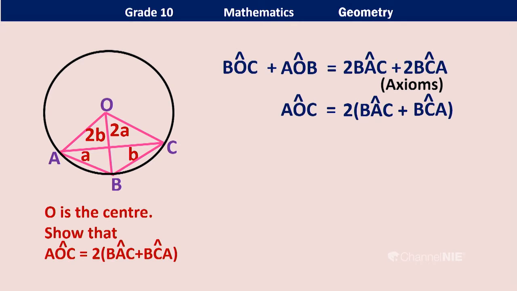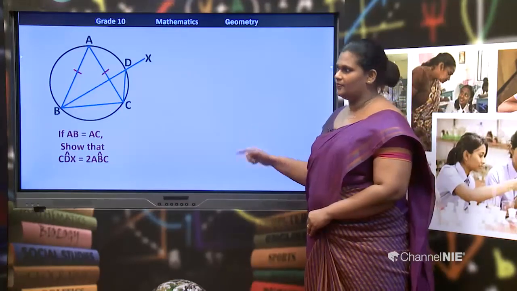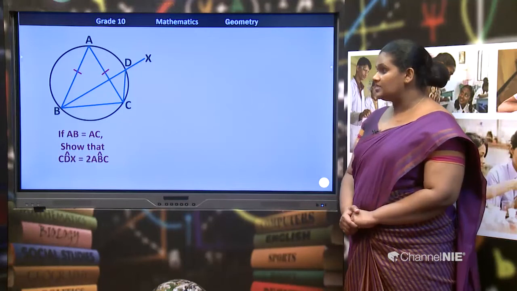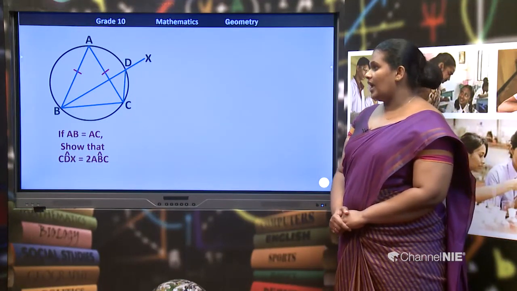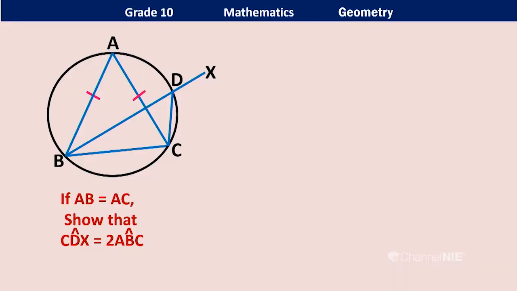So, that is the end of the second question that I want to discuss with you related to the proofs. So, we will move on to another question. Right, have a look at this question. The figure is given. If AB is equal to AC, show that angle CDX is equal to twice of angle ABC.